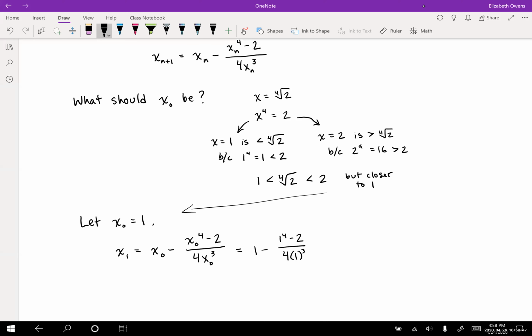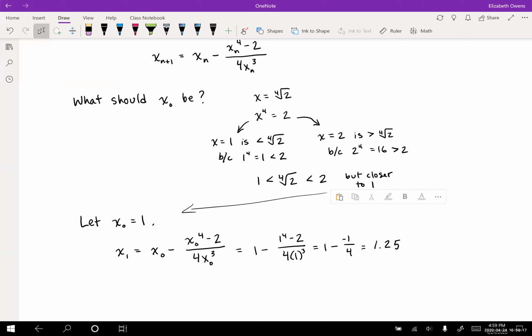This one is actually nice enough that we can do it by hand for the first iteration here. This is going to be 1 minus, okay, up in the numerator, that would be -1, and denominator would be 4. So it's going to be 1 1/4, or 1.25 if you rather. So, hey, we got an exact answer there, for x1 at least.